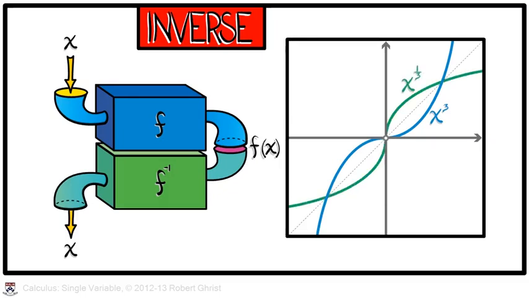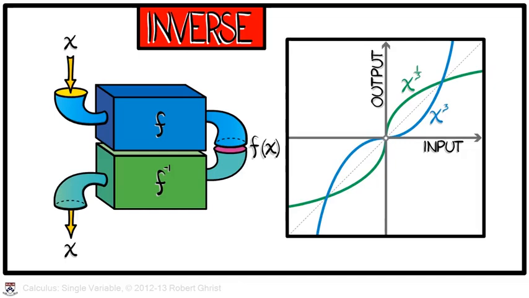This is, as you may have guessed, x to the 1/3 power, or the cube root of x. Now, there are several ways to see why this is right. One is that in taking the inverse, we are reversing the role of the input and the output.